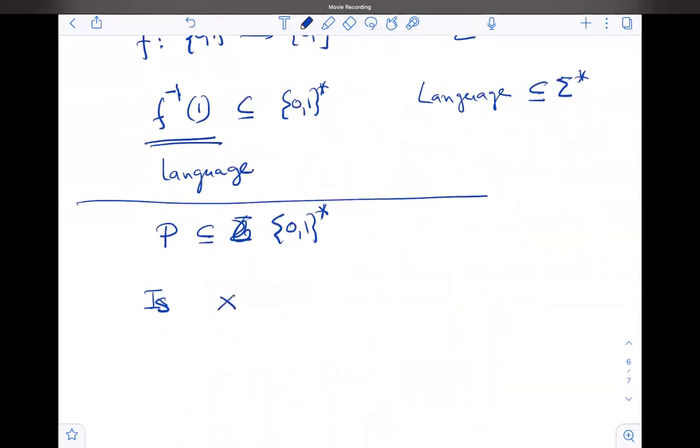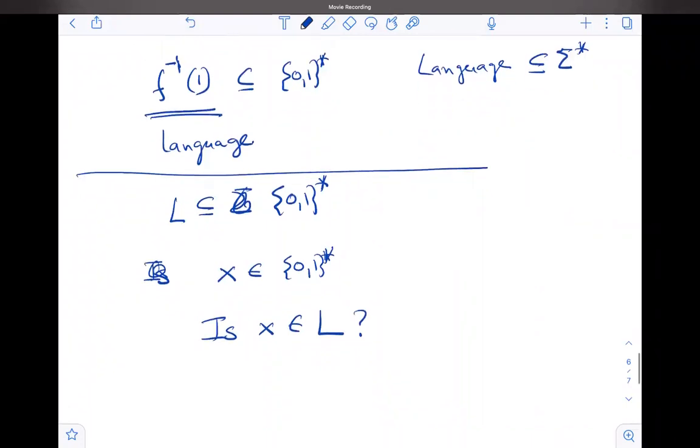So the instance is an X in 0, 1 to the star, and the question is: is X in L? I should not use P at all, as P is a dangerous thing to use. So this is a kind of problem. Any problem that we solve is represented like this.